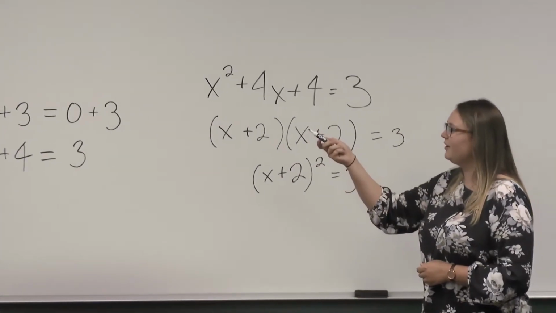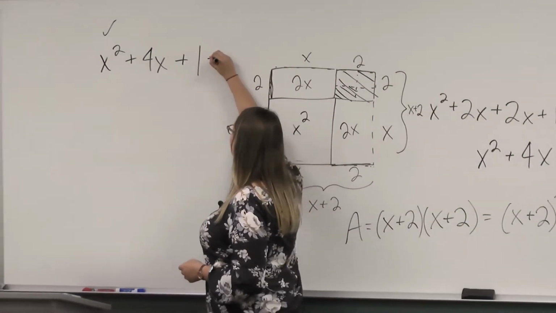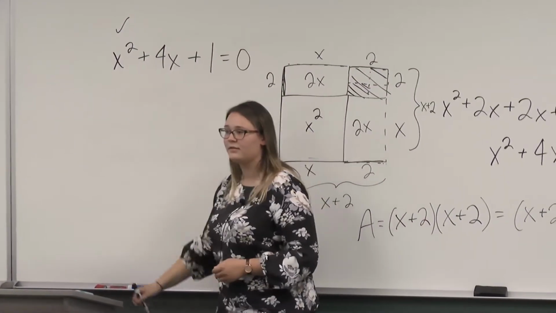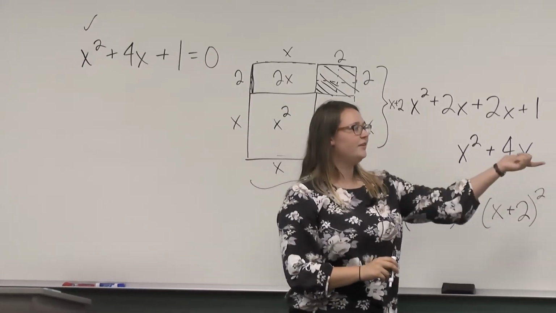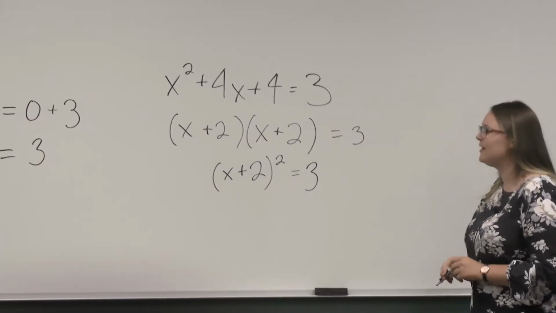So up there, when we set that equal to 0, we couldn't solve for x, right? Because it was not in factorable form. Can we solve for x here? How? How do we get x by itself?